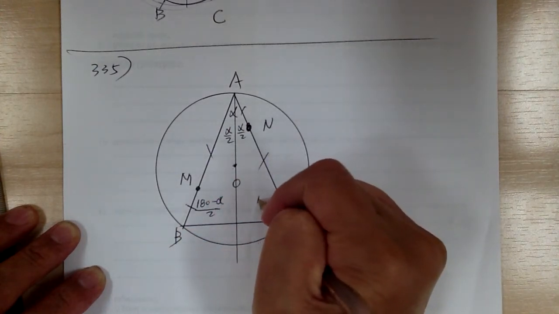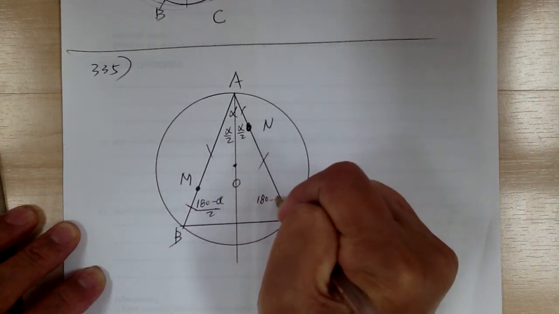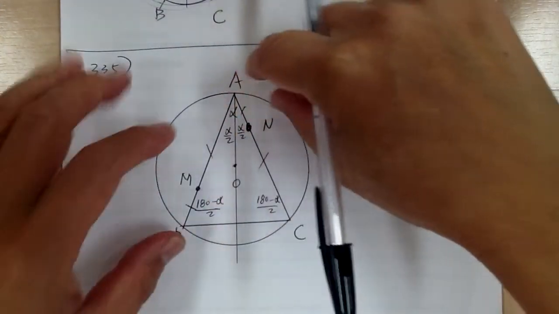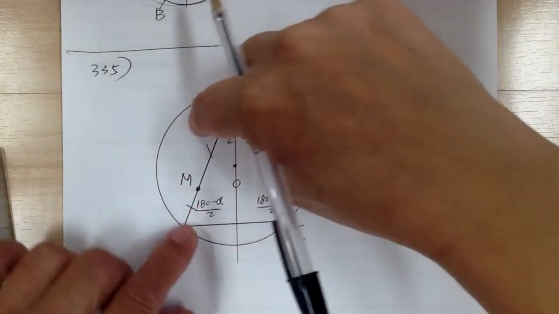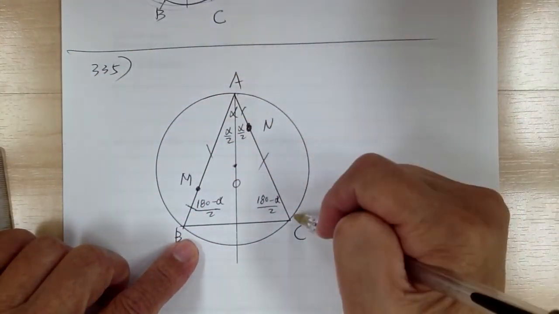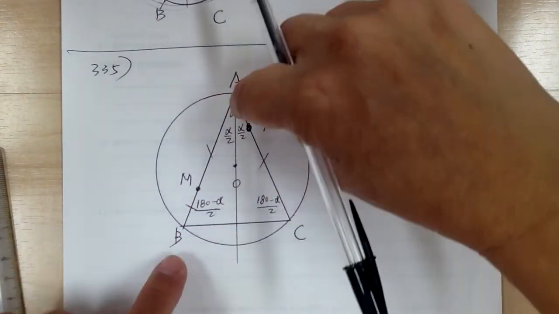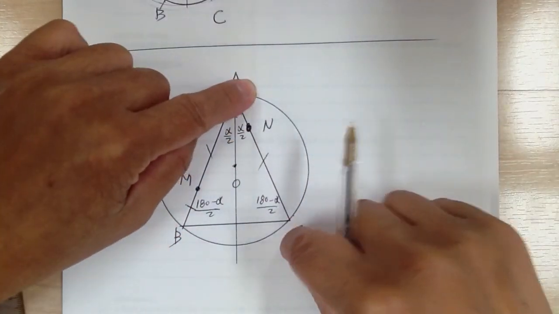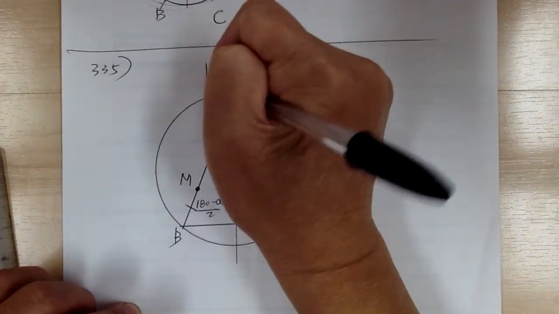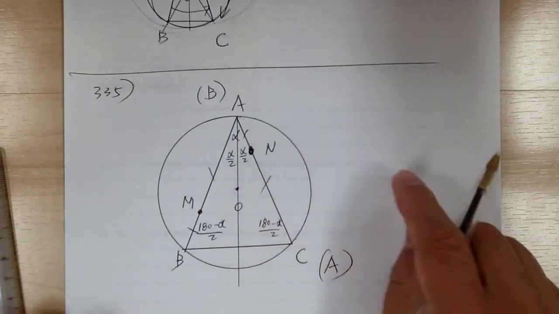Now remember, to map this onto here, you rotate this way, so AB rotates to here, and this becomes A and this becomes B.